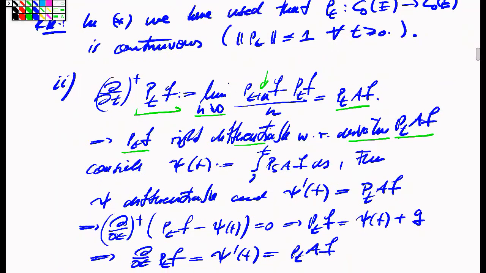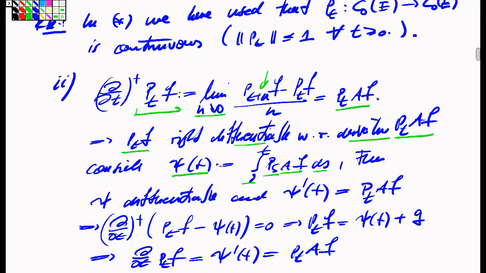And now I want to make an argument that this function is also left differentiable, or I want to compare with a function whose derivative I do know explicitly. The comparison is with the function psi of t, which is defined to be the integral with respect to the time parameter s on the domain 0 to t of PsAF ds.